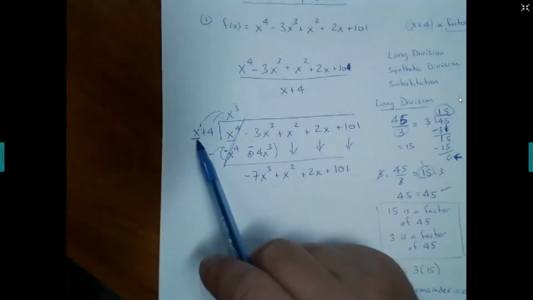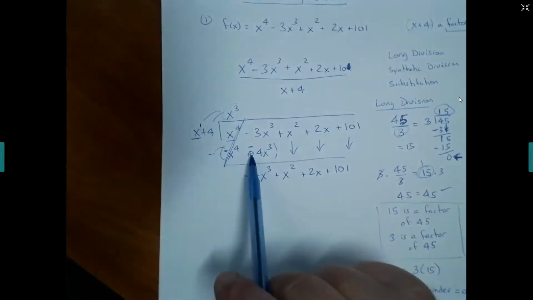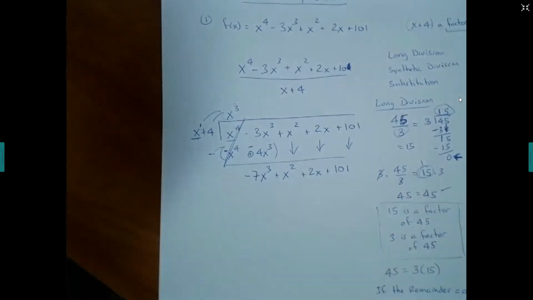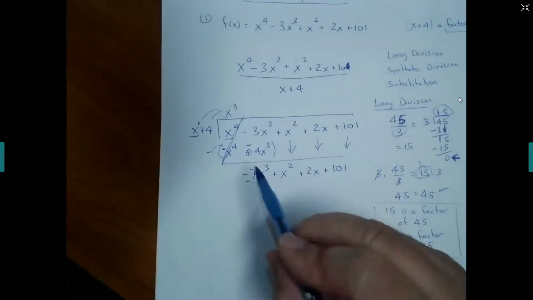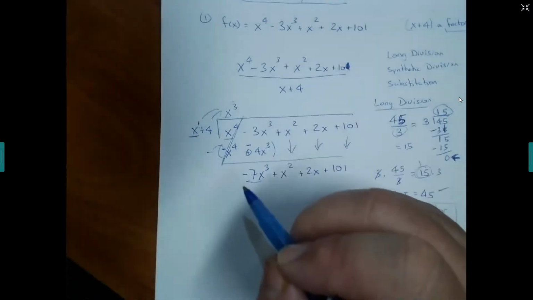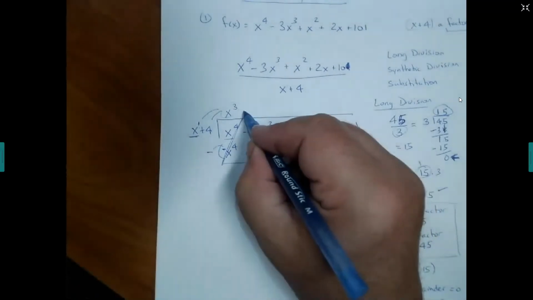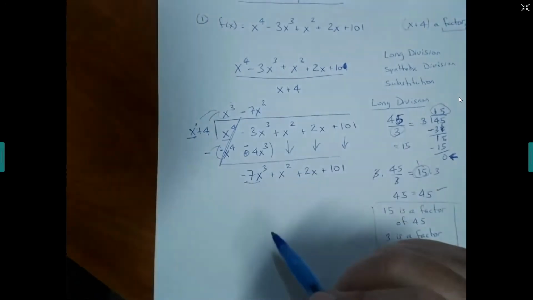So again, look at the leading term, figure out what goes in there, multiply it to both of those, change the signs, and add them. So the next step, again, look at the leading terms. What times x gives me negative 7x to the cubed? And negative 7x squared.